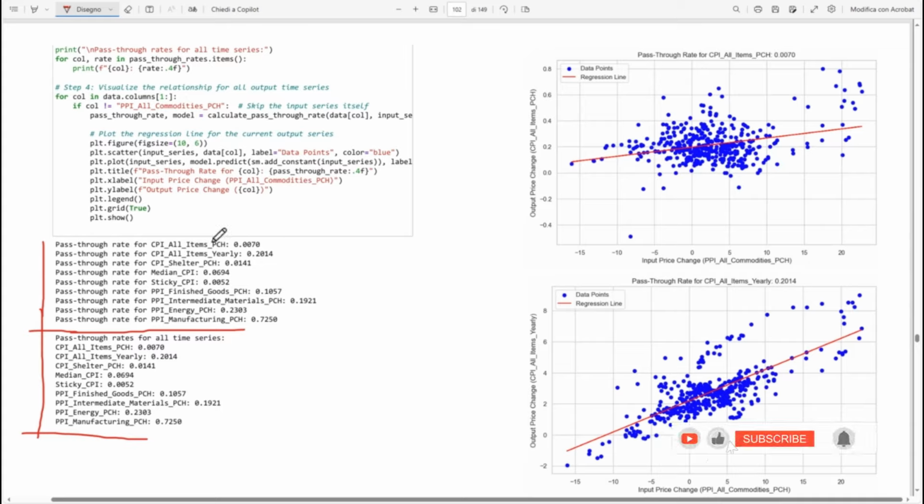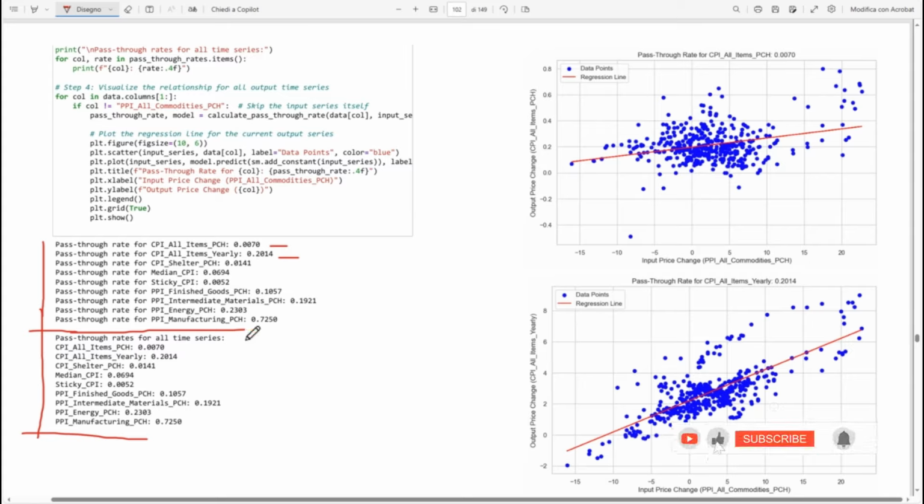We can see the results: for CPI, all items, we have a very small pass-through, on a yearly basis 0.20%, so it could be more or less negligible, but I don't take it as a very reliable forecast.